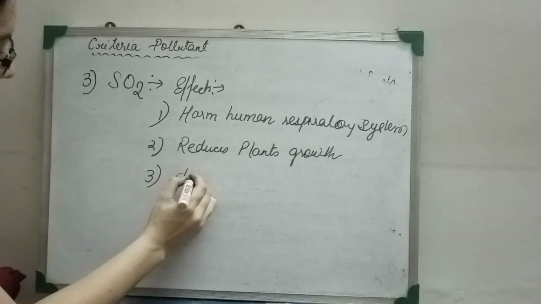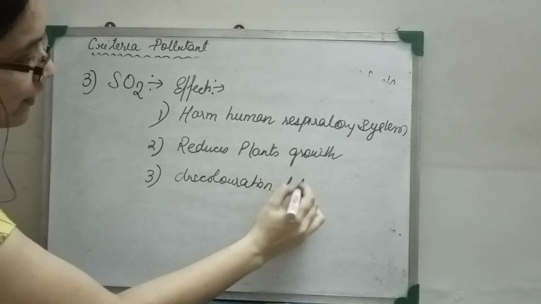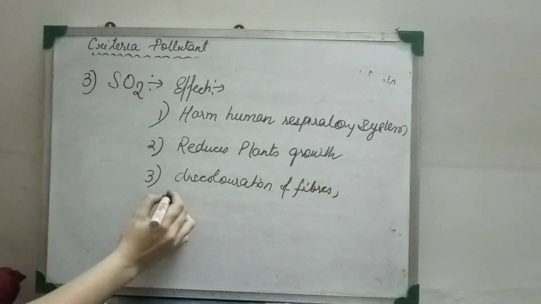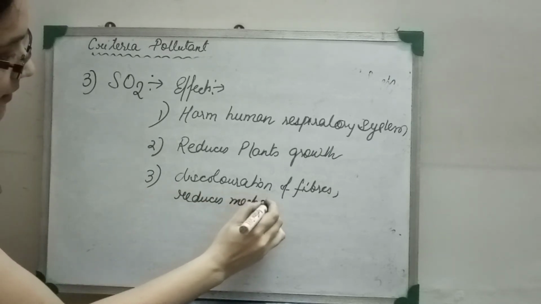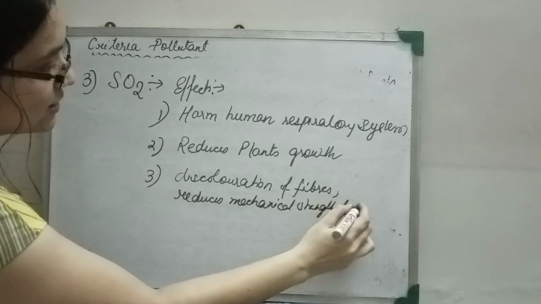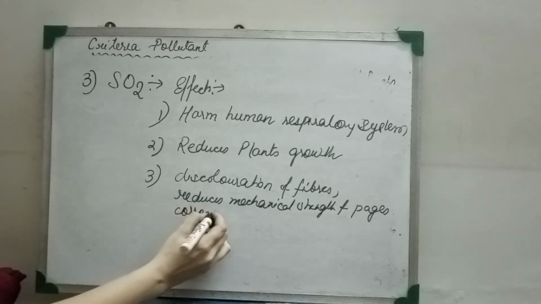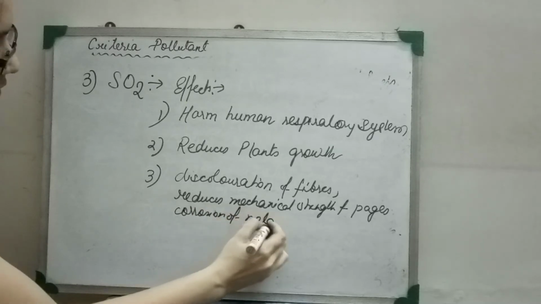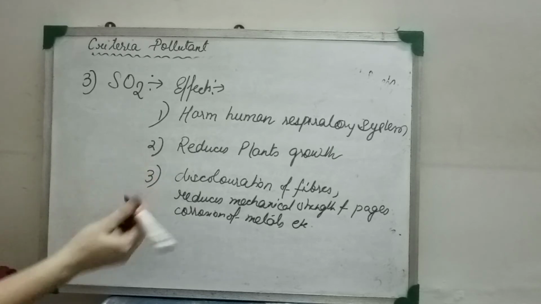So we can write here discoloration of fibers, reduced mechanical strength of paper, discoloration of paint and corrosion of metals, etc. So these are the effects of sulfur dioxide on materials.